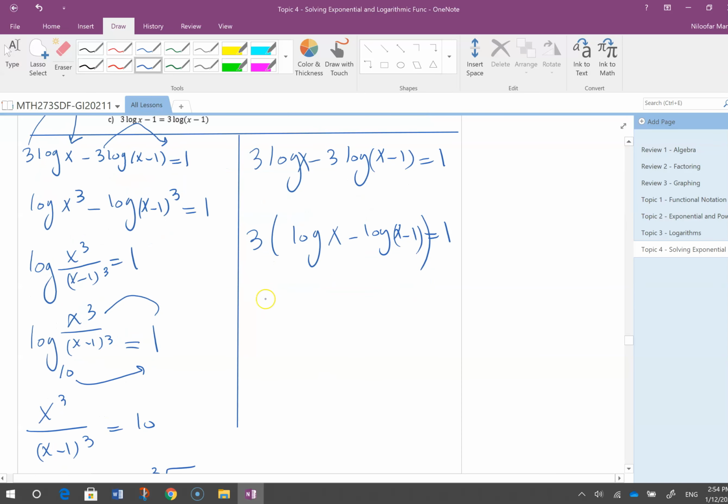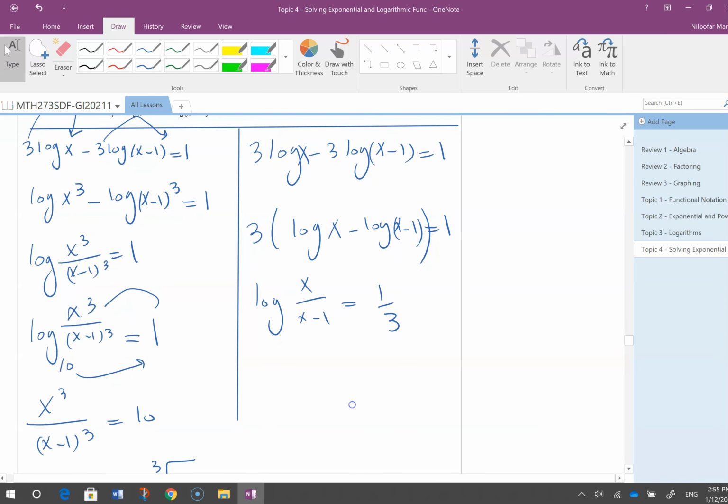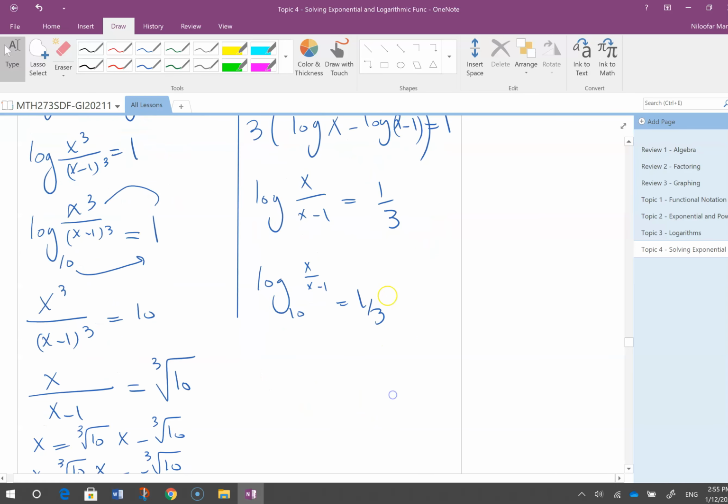Okay, so then I have logarithm of x over x minus 1 equals 1 over 3. Yes, and then I have logarithm of x over x minus 1 base 10 equals this. Okay, and then I have x over x minus 1 equals 10 to the power of this, which is cube root of 10.